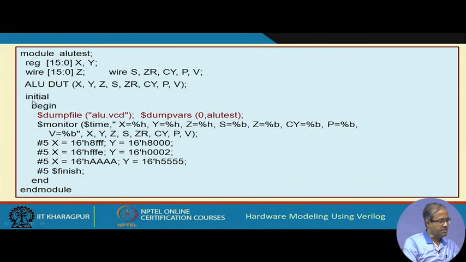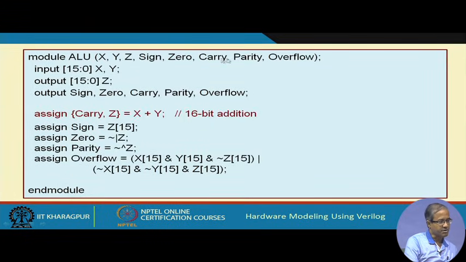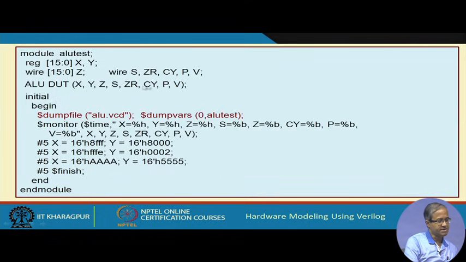Again in the initial block we have given dump file, dump variables, we have monitored the time, XYZ and all these status flags. Okay. So, here we have instantiated the status flag names we have given as S, zero, ZR, CY, P and V. In the same order we have given the variable names. Okay. So, these names we can change, same names are not required.